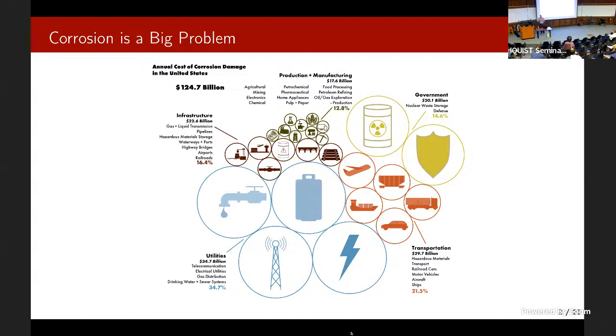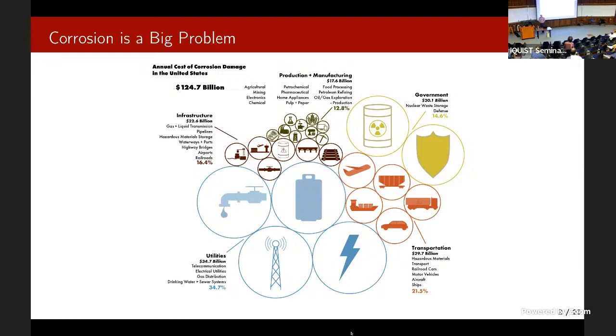well as all the planes, defense, those corrode. Transportation, just cars, planes, trucks, those all corrode. And within the manufacturing and production, the factories, they corrode. Corrosion affects pretty much everyone along our daily lives, as well as costing, the annual cost of corrosion damage in the United States, at least for 1 year, was $124.7 billion.